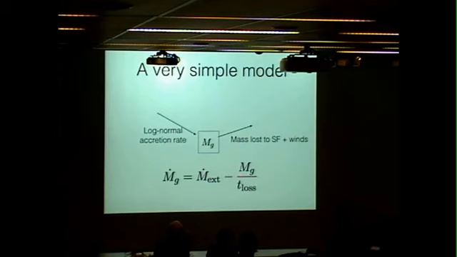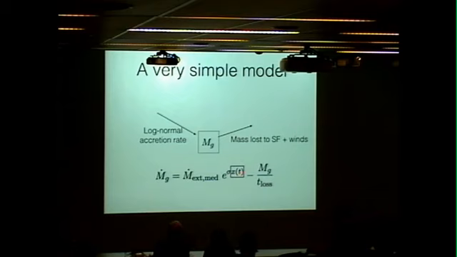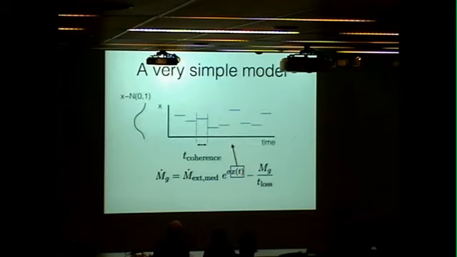So it's a very simple model. This accretion rate we separate out into a slowly varying median accretion and a potentially rapidly varying log normal component. And the way this works is at fixed time intervals, we draw a new value of the accretion rate. So the accretion rate will look something like this in log space.